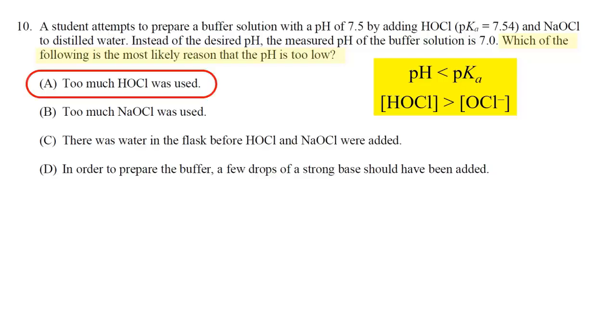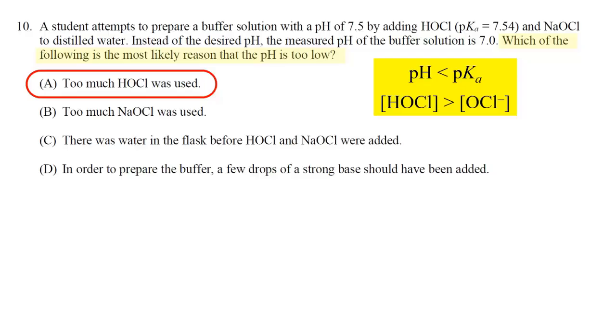If there's a higher concentration of HOCl than OCl-, then too much HOCl was used. Choice B, if that were true, if too much of the OCl- was used, then the pH would be too high, not too low. And the reason why choice C is incorrect is because diluting the components of a buffer does not change the pH. Diluting a buffer with water does not affect the mole ratio and does not change the pH.